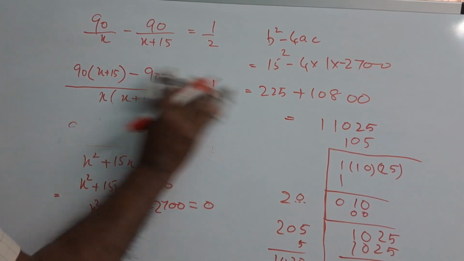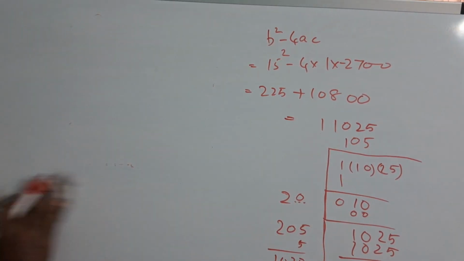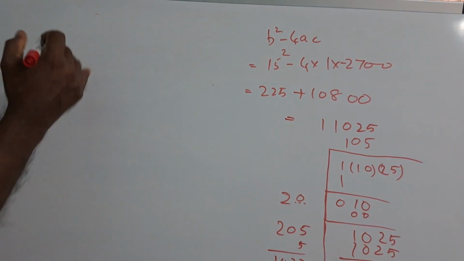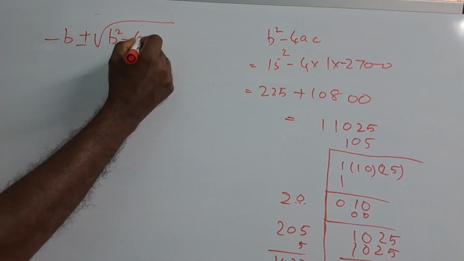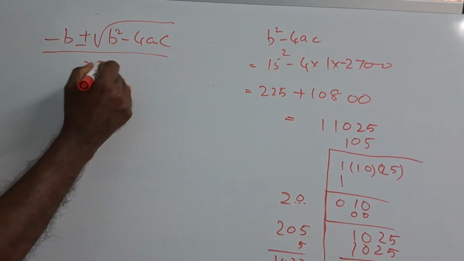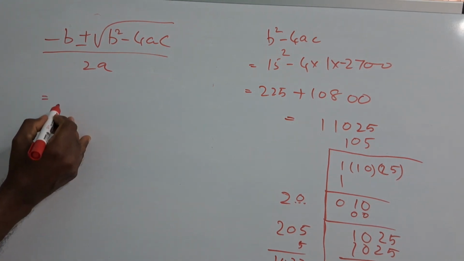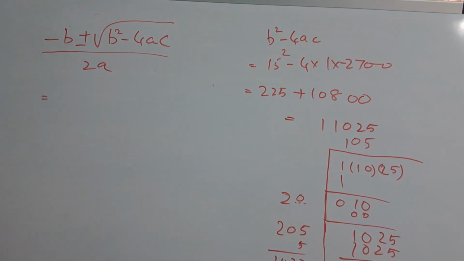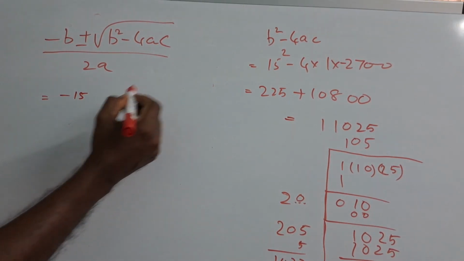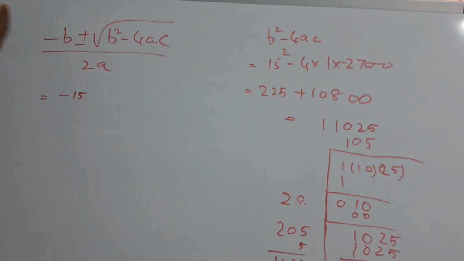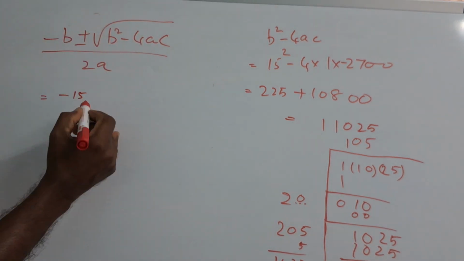Now the solution. Minus b plus or minus root of b square minus 4ac by 2a is equal to minus 15 plus or minus 105 by 2 into 1. b is 15, minus b is minus 15.